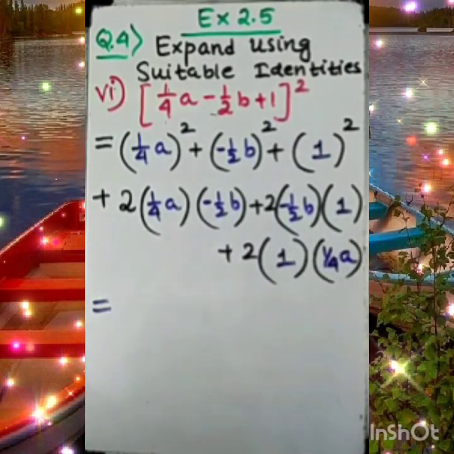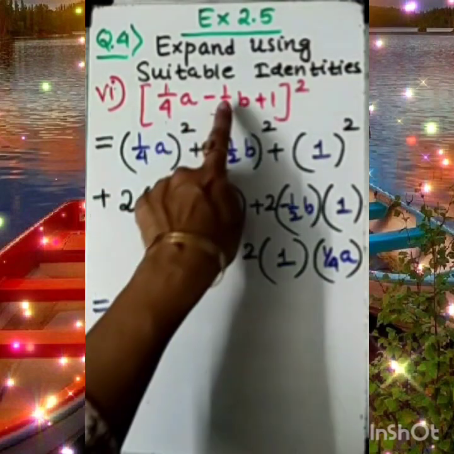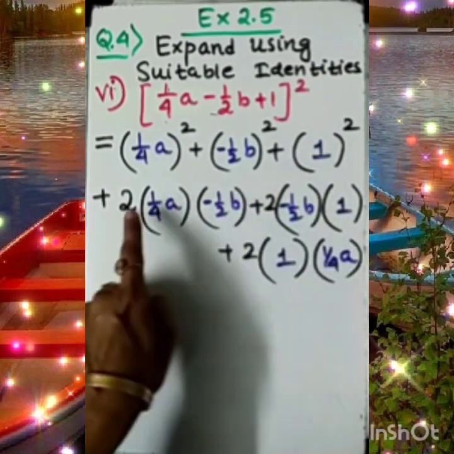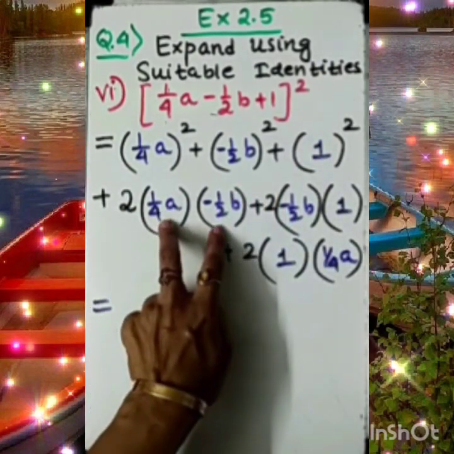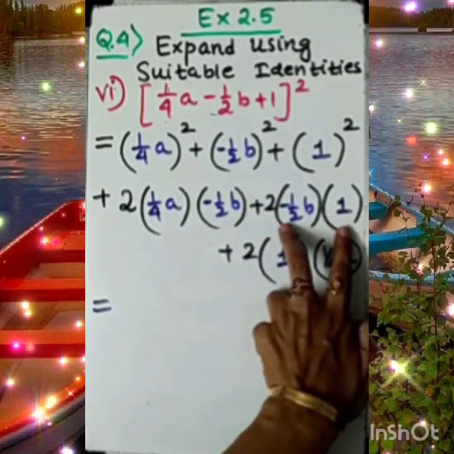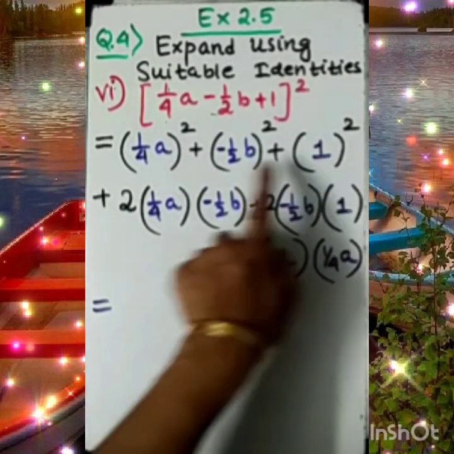Nothing I have done, simply I put the value of the first term, second term along with the sign, and this third term. Then 2 into first and second term, 2 into second and third I have written, and 2 into third and first term.